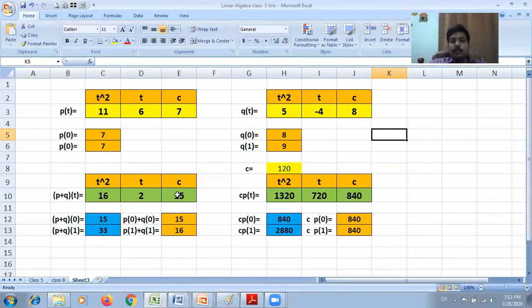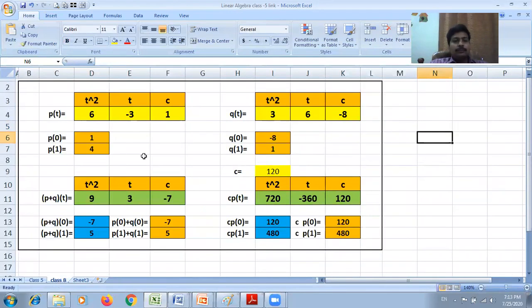This is the resultant polynomial: 11 plus 5 is 16, 6 plus minus 4 is 2, 7 plus 8 is 15. This is p plus q of t, and we can observe that p of 0 is equal to 7. These two are zeros. P of 1 is equal to 1. This is the problem. These are the values to be taken here.